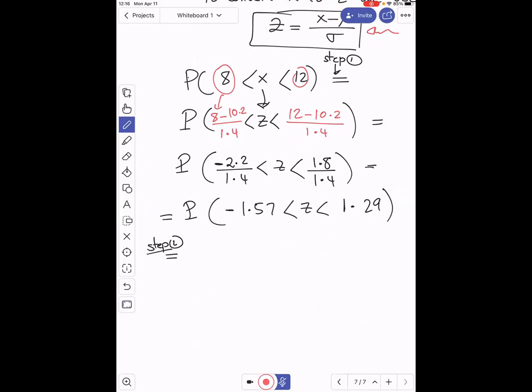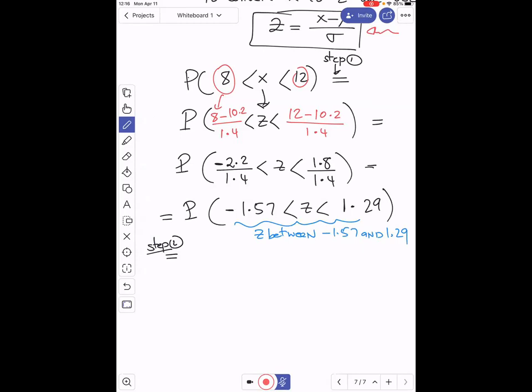But this is not area to the left. This is z between negative 1.57 and 1.29. In this case, what we need to do is take the difference between the areas to the left of the two numbers.